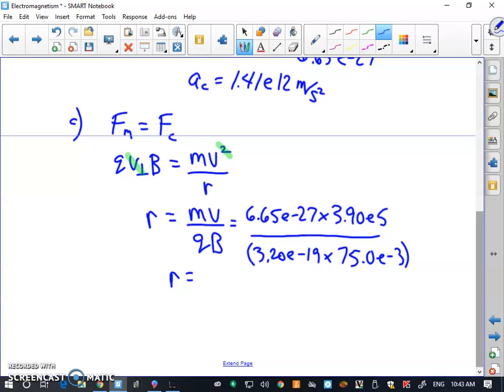The calculation. All right, I got decimal 108, which would be 10.8 centimeters.